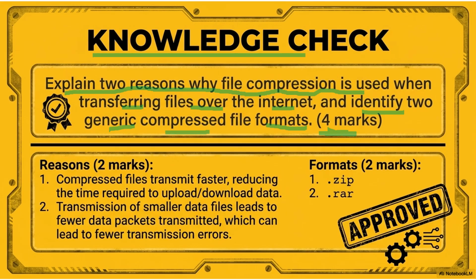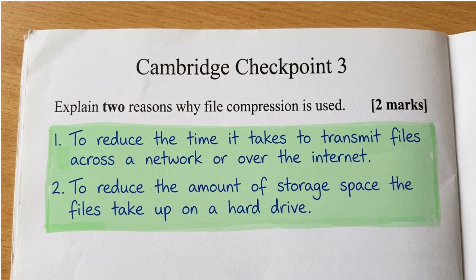First, the reasons. 1, compressed files transmit faster, reducing the time required to upload and download data. 2, transmission of smaller data files leads to fewer data packets transmitted, which can lead to fewer transmission errors. And two generic compressed file formats: .zip and .rar.